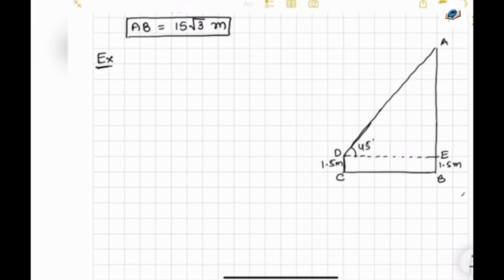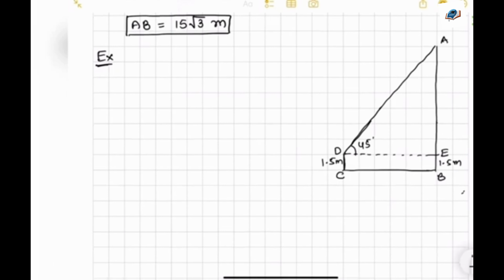Here I am given only one angle and the height of the person standing. So angle D will be 45 degrees and DE equal to EB equal to 1.5 meter. Now he is asking me AB.